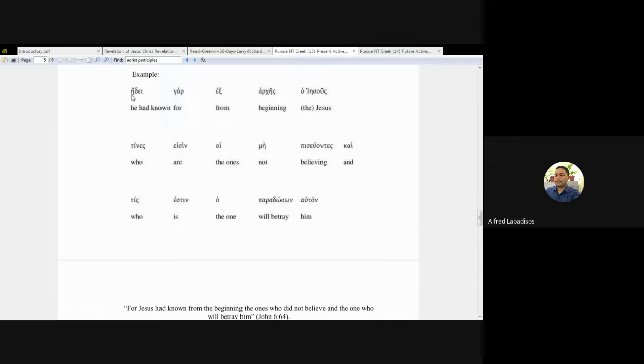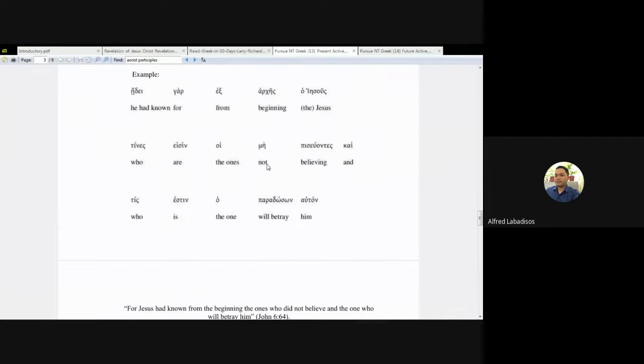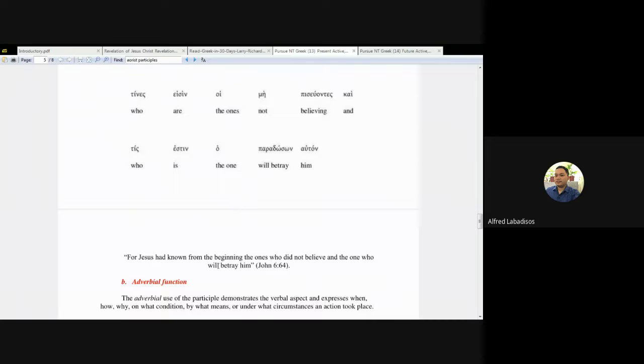Okay? So the action already happened before, pisteuontes, the participle. So Jesus had already known from the beginning. So the action of the participle is subsequent.